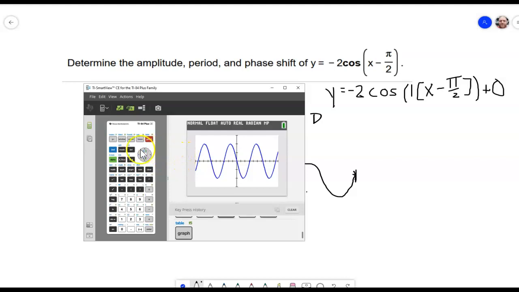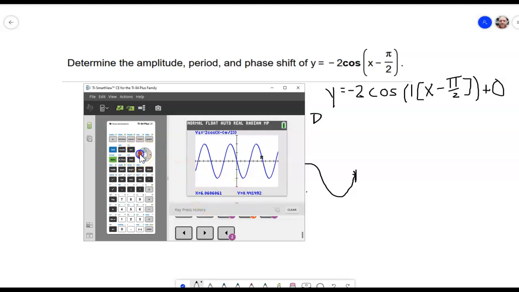I'm going to hit trace and look at my x value once I get to this point right here. Right about there, it gets very, very close. It's right before it about 6.21, and right after it's about 6.36.